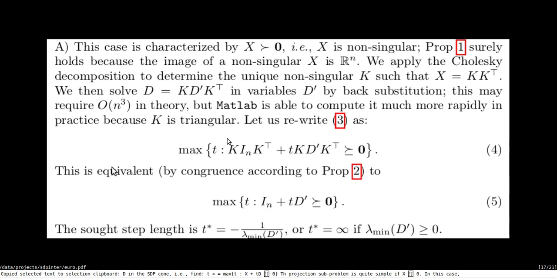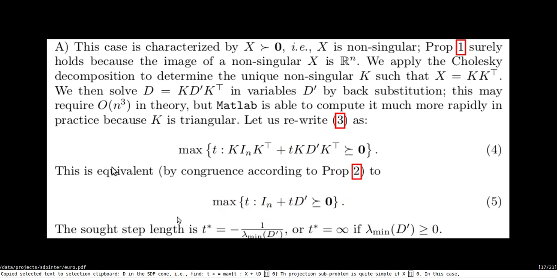I replaced X by the projective factorization. I have the identity here. I replaced D with this, and we need to find the maximum T so that this stays SDP. But these two matrices are congruent using K and K transposed, so this is equivalent to solving this.